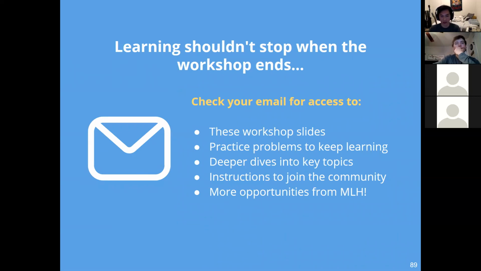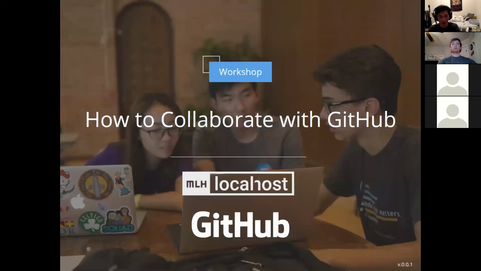If you want more information about this, you should check your email for access to the slides, practice problems, deeper dives into other key topics, instructions to join the MLH community, and more opportunities for MLH. And that's the end of the workshop.